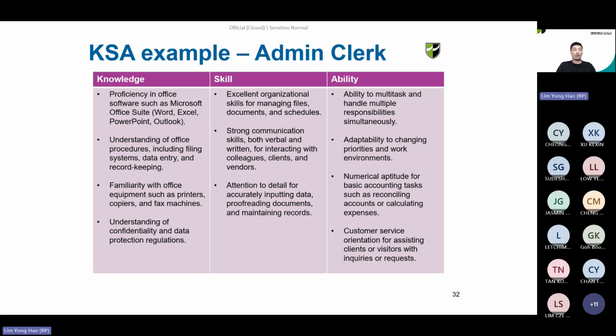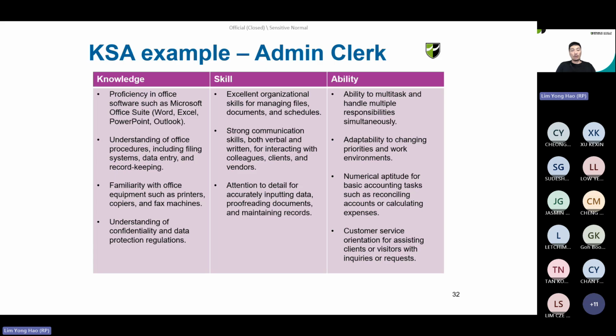That we have, working with office software. Or if you're in other fields, you may have a different set of tools that you use. Then understanding of office procedures. Some of this, even if you're not working, you may have received some training at the university that can be used in the workplace, or training before you enter the workforce.